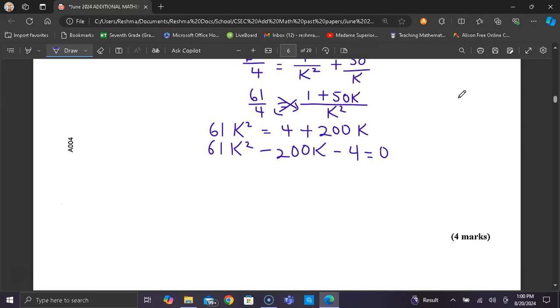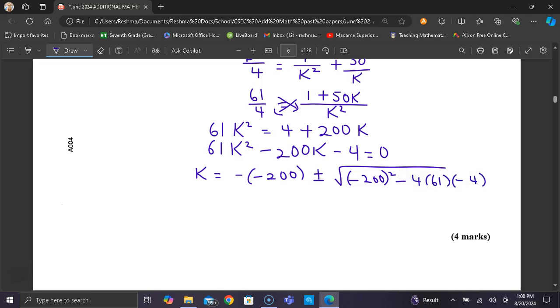Alright, so just use the quadratic formula. So k is equal to minus b, so that's minus minus 200, plus or minus the square root of b squared, minus 200 squared, minus 4 by a by c. And be careful with the signs, of course, all over 2 by a.